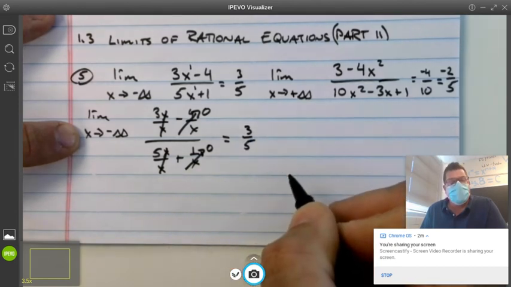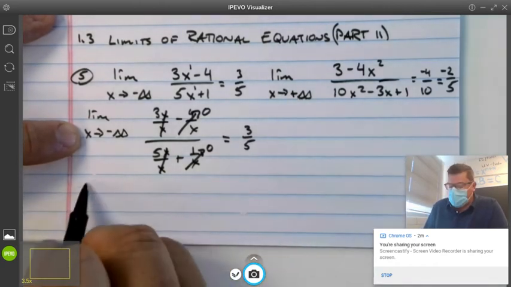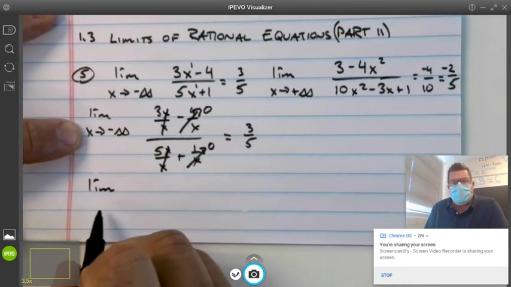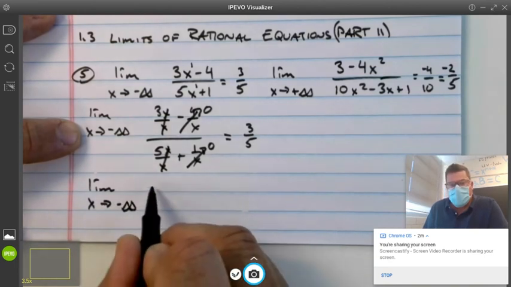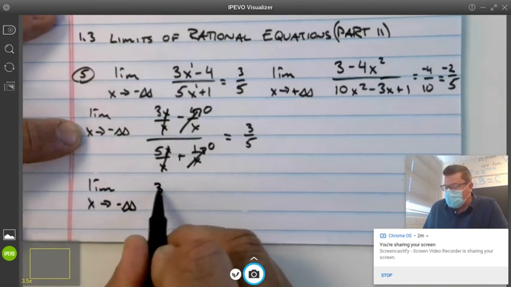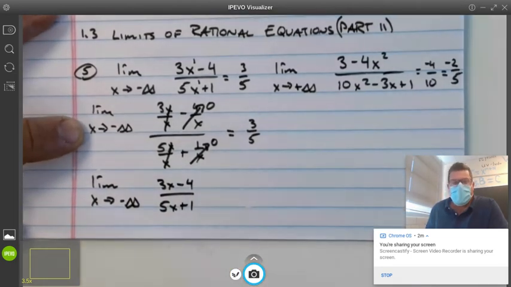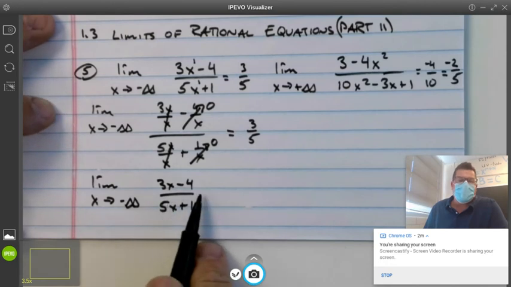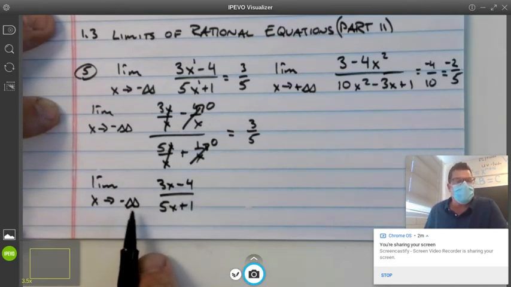Okay? Method number 3, the Smith method. When you take the limit as x approaches negative infinity of (3x minus 4) over (5x plus 1), individual polynomials only behave like the highest power of x as you approach infinity.